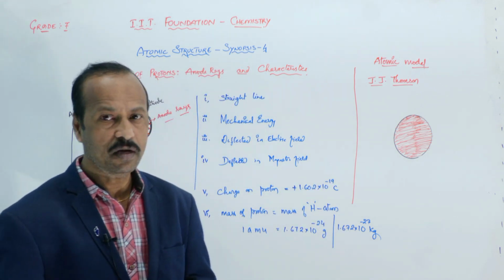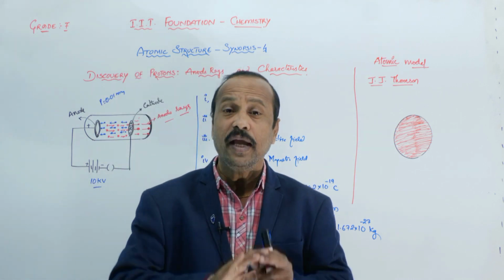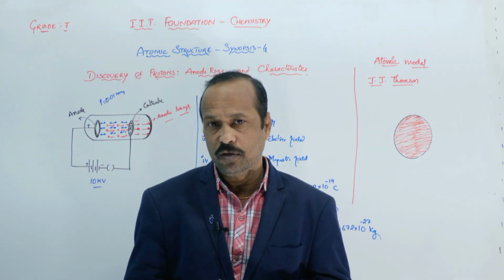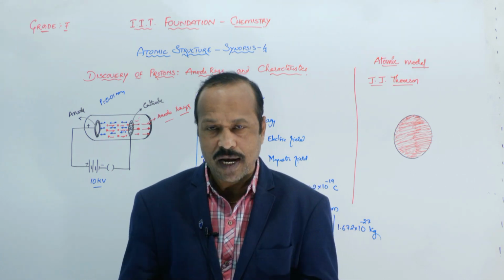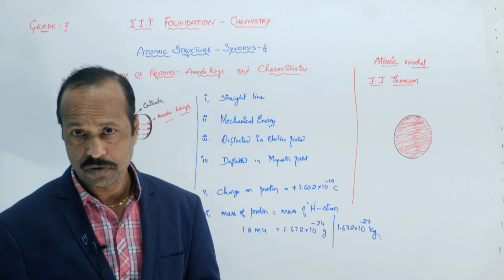According to J.J. Thomson, atoms are spherical in shape. It is a positively charged sphere. It's better to tell it like this: an atom is a positively charged sphere, which means the total atom consists of a positive charge.